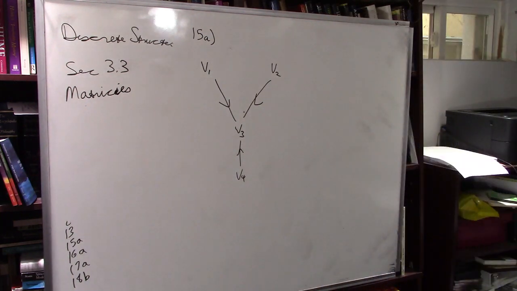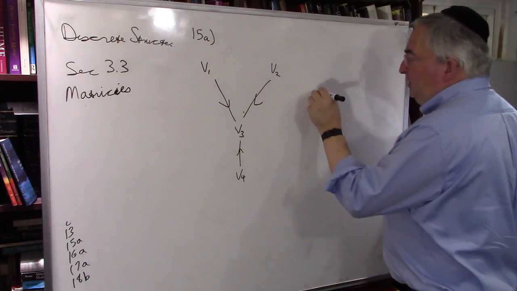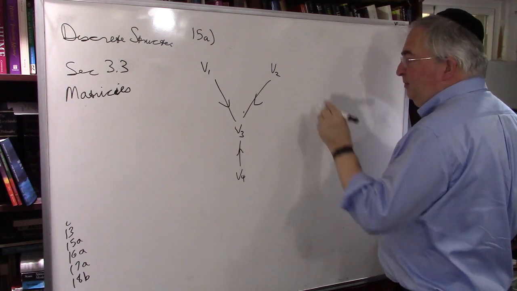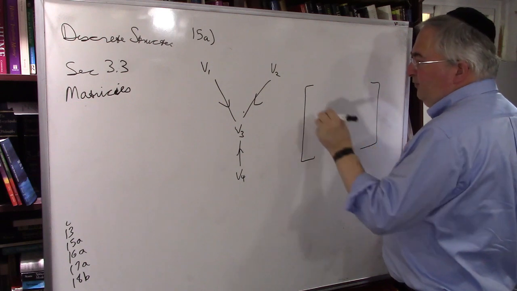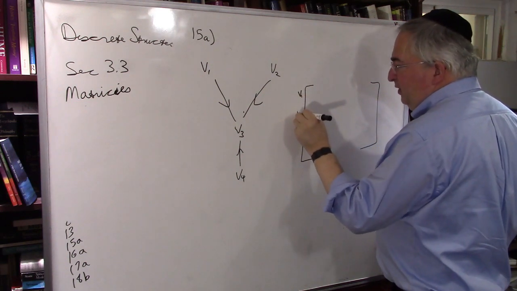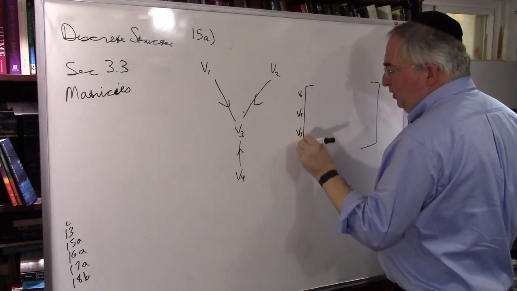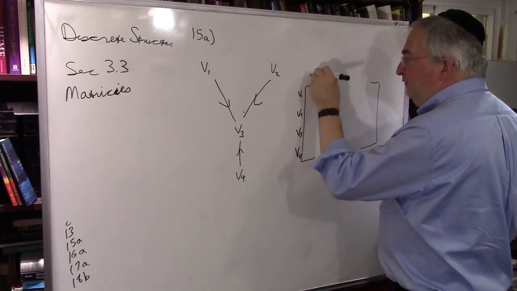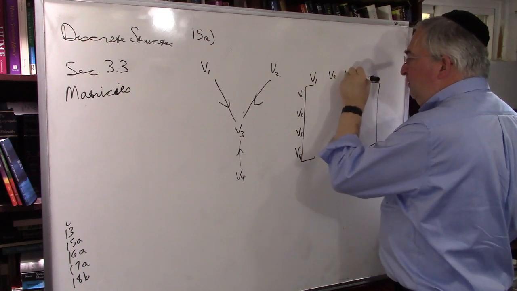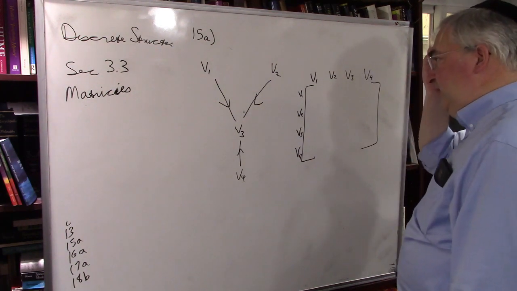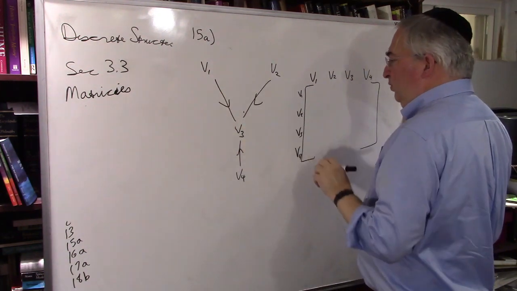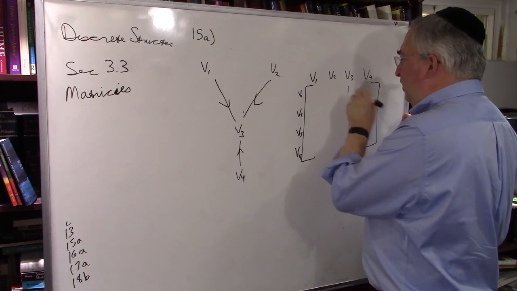Okay. So this is going to correspond to a 4 by 4 matrix, and you can write the 4 by 4 matrix as follows: V1, V2, V3, V4, V1, V2, V3, V4. Now let's see. There's an arrow from 1 to 3, so we're going to write that like here, 1.